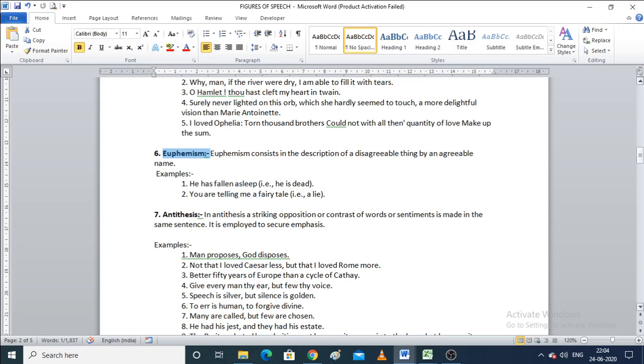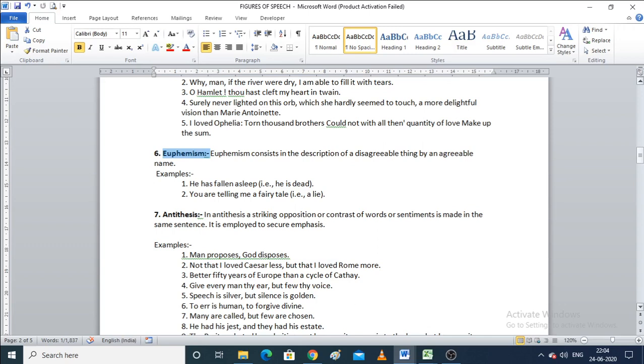A very easy example: "I asked my mama to give me chocolates, she refused to give." In this sentence, I asked my mama for chocolate, right? And in the same sentence, my mama refused to give me chocolate. So the opposition is also in the same sentence. This is what we call antithesis.